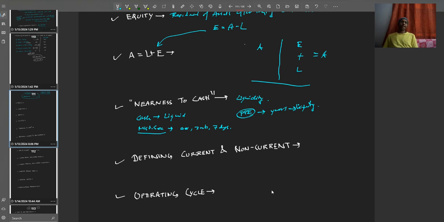Anything that is liquidable or going to be liquidated, that is converted into cash within 1 year, or one operating cycle, that is a current item. Anything that takes more than this time, that is more than 1 year or more than one operating cycle, is a non-current item.